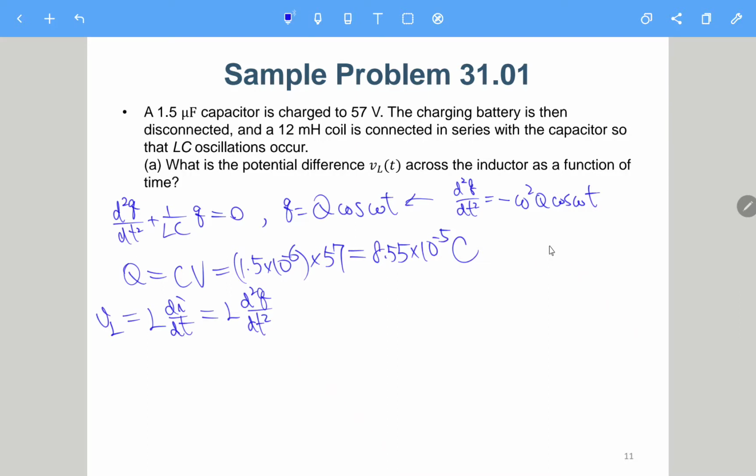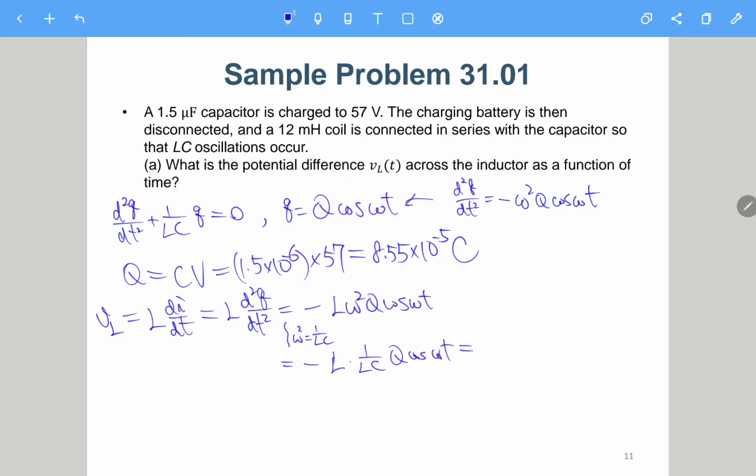Okay, so this is d²q/dt². So we have a negative L omega square q cosine omega t. Actually, omega square is 1 over LC, so we will have minus L times 1 over LC q cosine omega t.